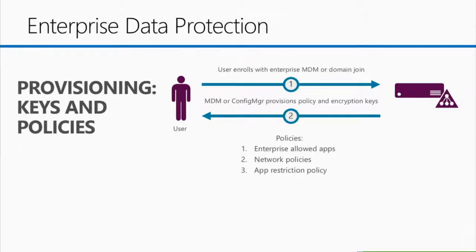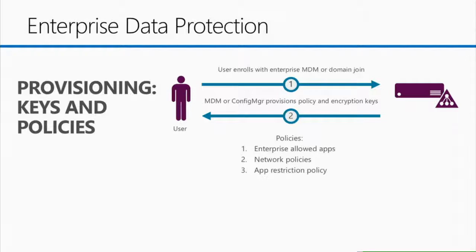The last thing here is application restriction policies. Some of you saw the keynote earlier in the week, and in the keynote, Brad Anderson showed what happens when a user tries to copy enterprise data to a document or an application that is not enterprise.